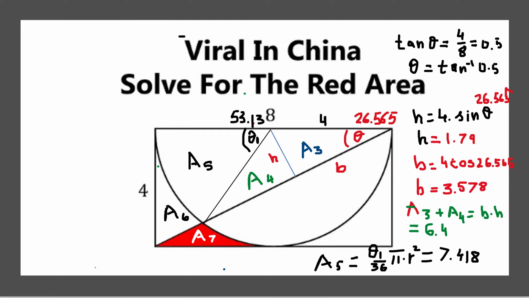And now we want to find A6. What's going to be A6? Let me write with a different color, it looks a little better.